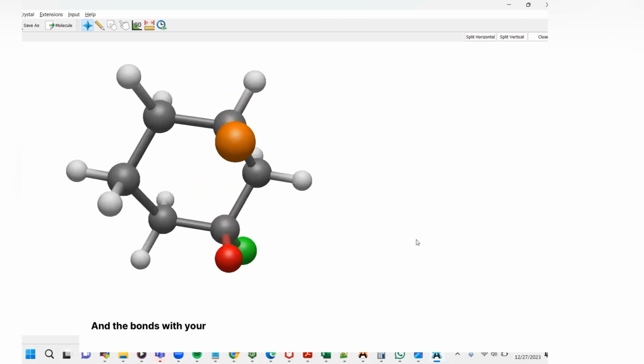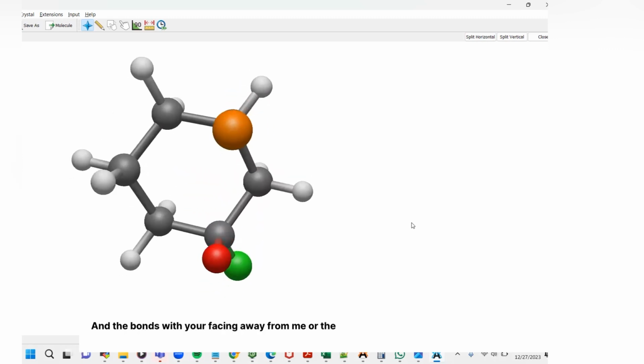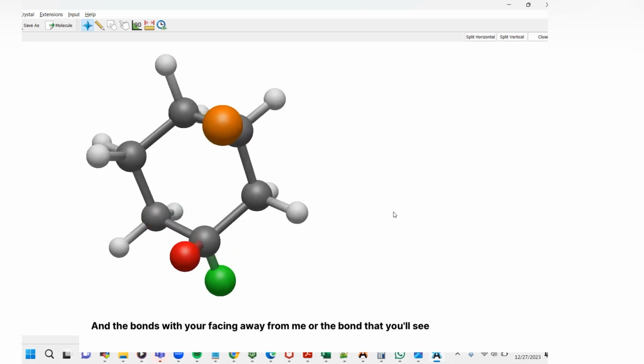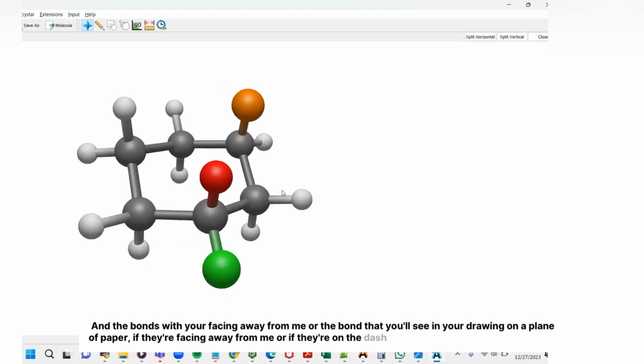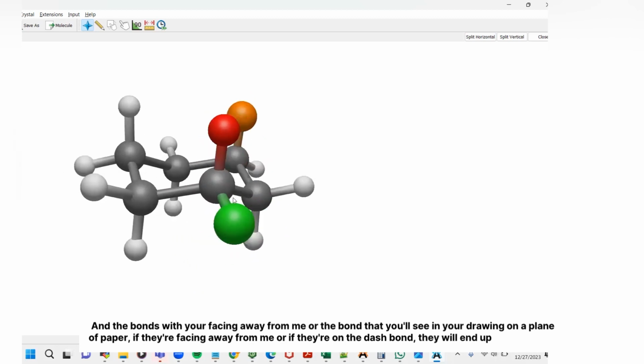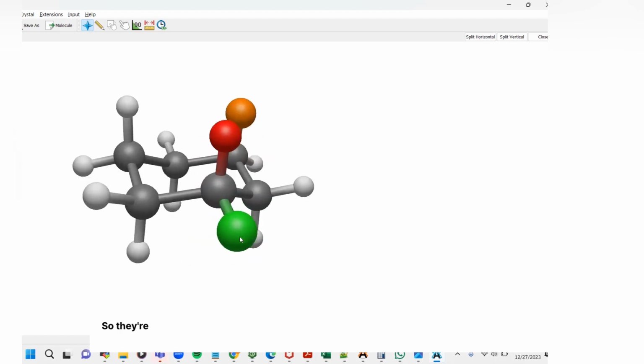And the bonds which are facing away from me, the ones on the dash bond in your drawing on a plane of paper, will end up facing down. So they're facing downwards. Cool. That's what we see in the structure, correct?